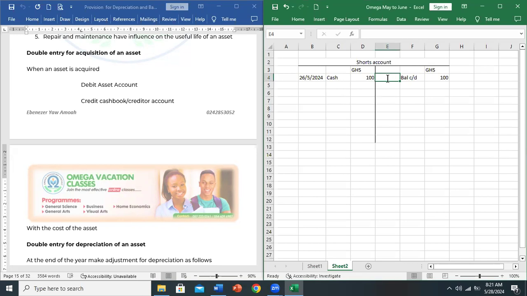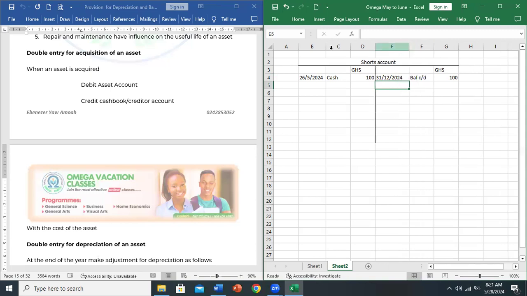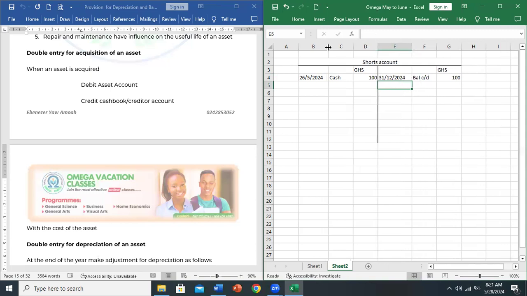Okay, so 31st December 2024, we are going to carry this balance to the next year, which is the year 2025. Let me underline my figures well and balance it to the next year.